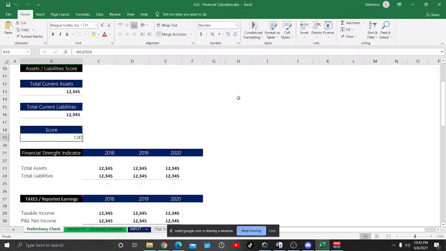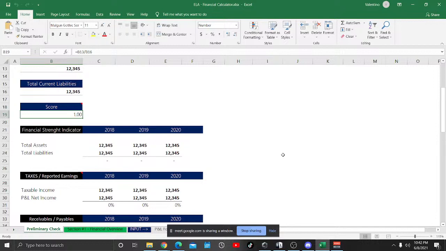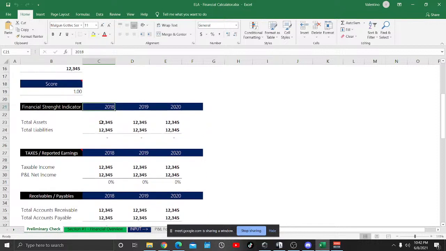Okay. Now, another thing is I wanted to include total assets by total liabilities, and I added the past 3 years, current to past. The reason is I want to see, have assets been increasing while liabilities decreasing or the same, or have liabilities been increasing while assets have been decreasing?